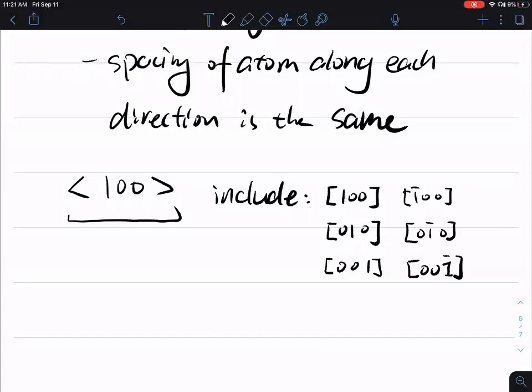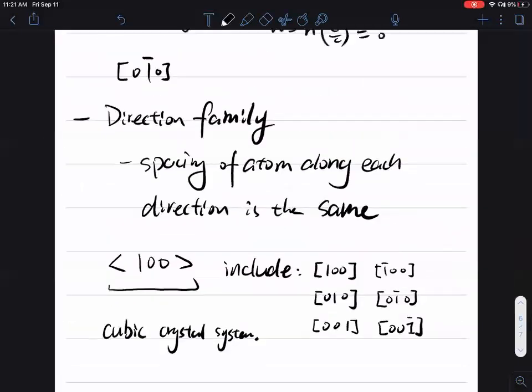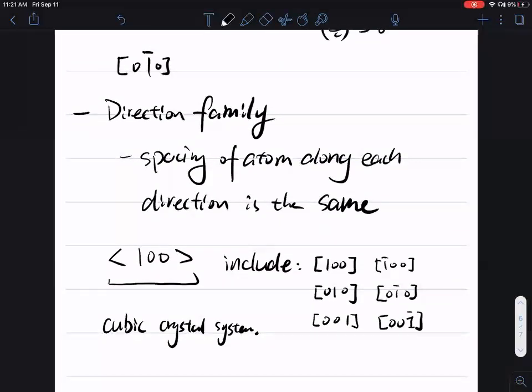They all belong to this <100> family. And this is only for the cubic crystal system. Okay, so that's a family of directions.